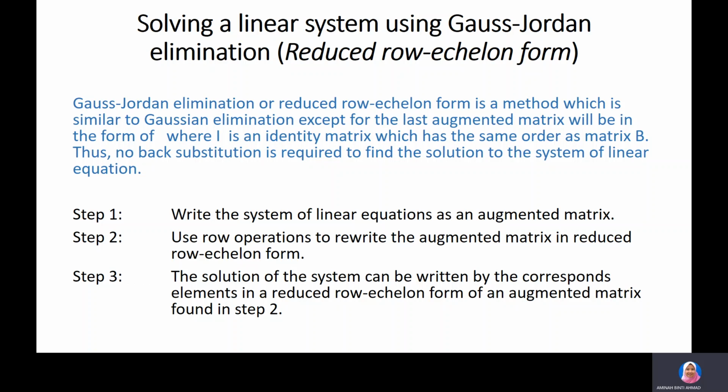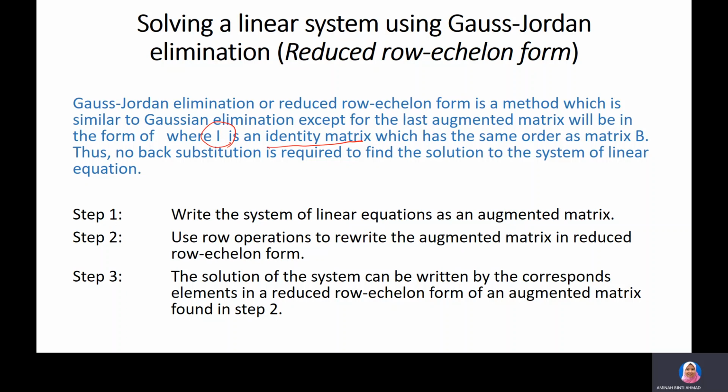Gauss-Jordan elimination is a method similar to Gauss elimination, except that the last augmented matrix will be in the form of I, the identity matrix, which has the same order as matrix B, the size of the matrix. Thus, no back substitution is required to find the solution of the system of linear equations. So here we didn't have to do the back substitution method.